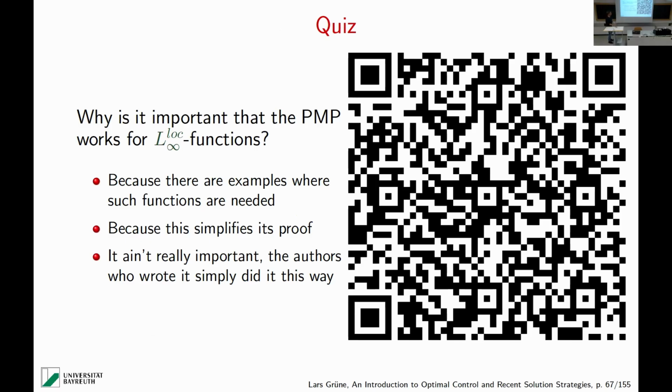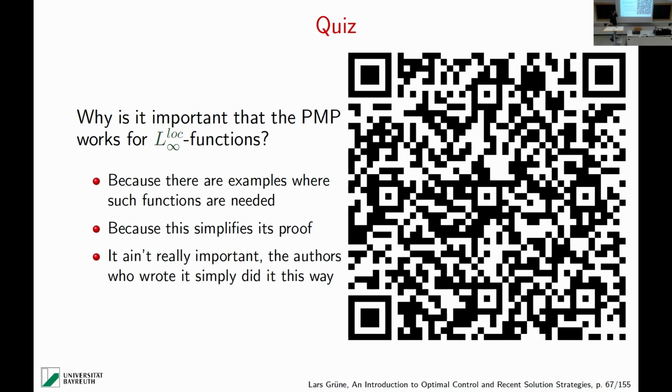Okay, now I didn't spoil my quiz. So here we have our first quiz for today. I made the point that when we pass from Euler-Lagrange to the Pontryagin minimum principle, we can use measurable functions, so L infinity functions. And my question to you is, why is it important that the minimum principle works for L infinity functions? I have three answers.